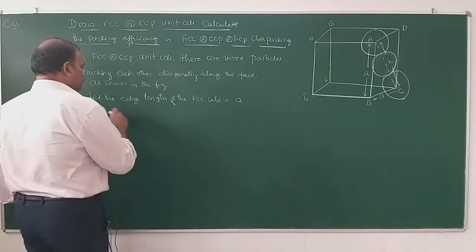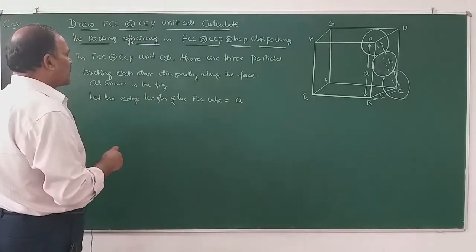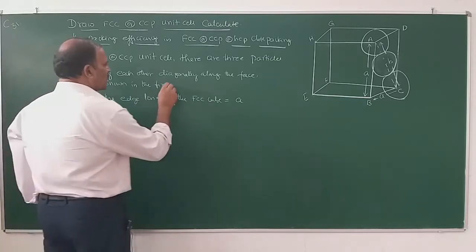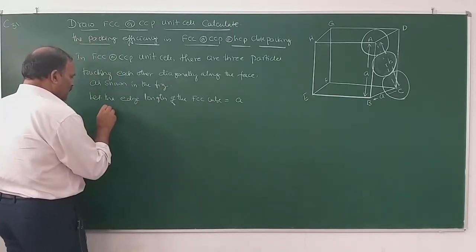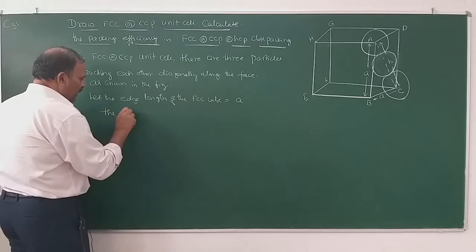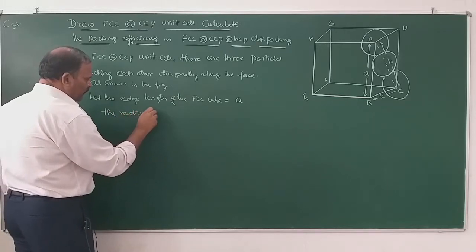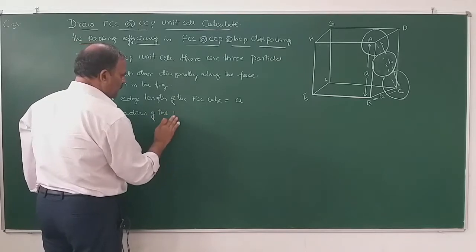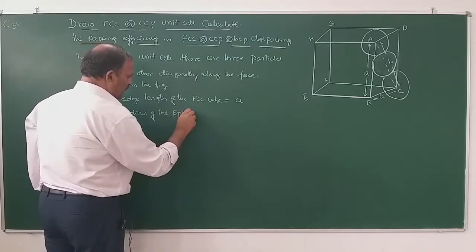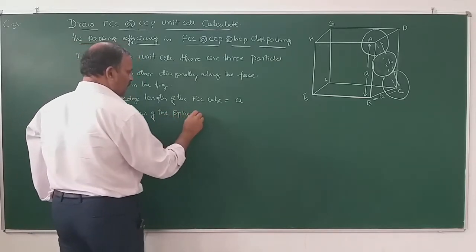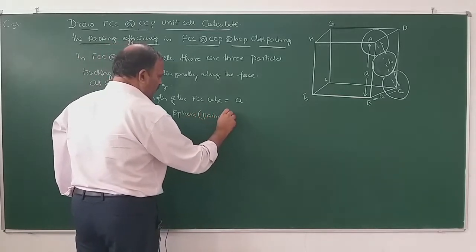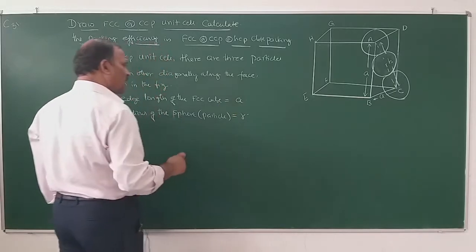And then all the particles are considered as spheres. Therefore the radius of the sphere, also called the particle, is equal to small r.